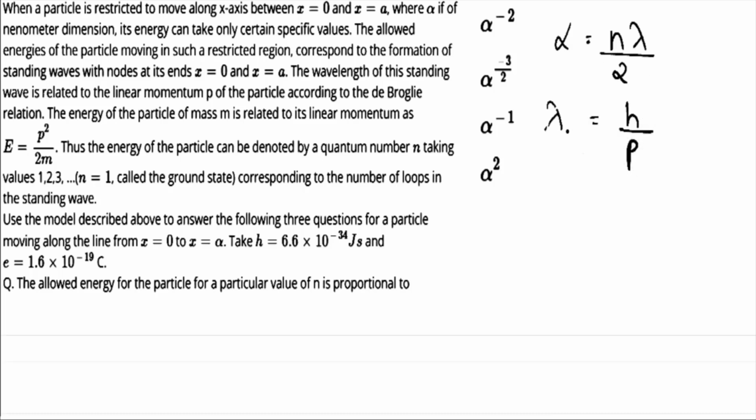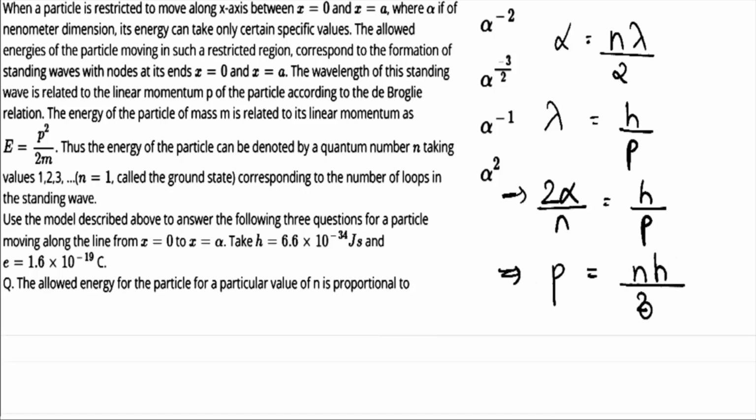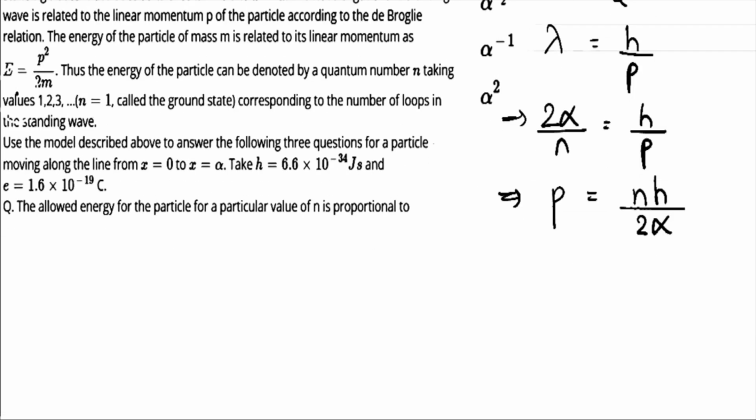Right, so what we can do is we can substitute this value. So from here lambda would be equal to 2 alpha by n. So from here what we can say is that 2 alpha by n equals h by p. Correct. So from here we can write p to be equal to n h by 2 alpha. Correct.